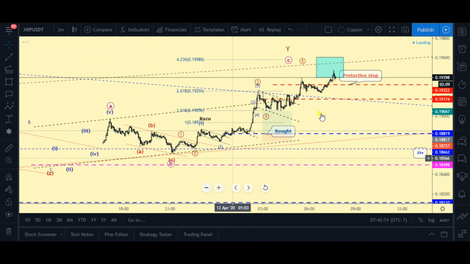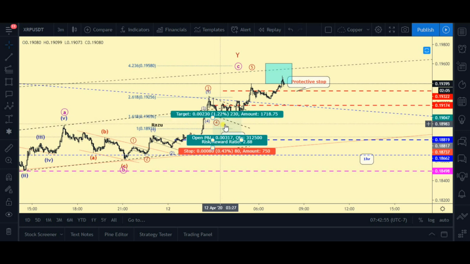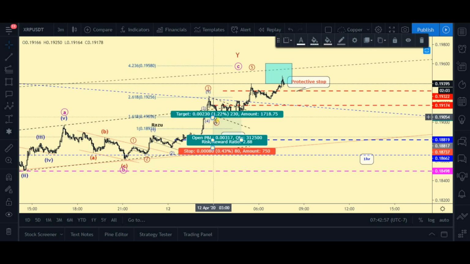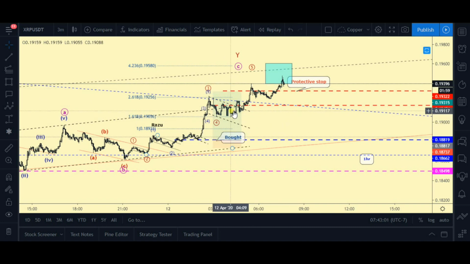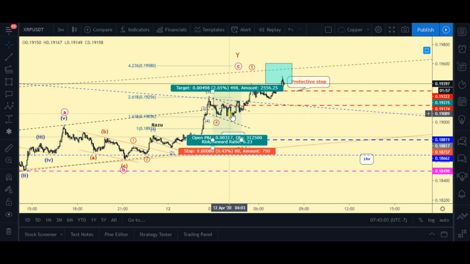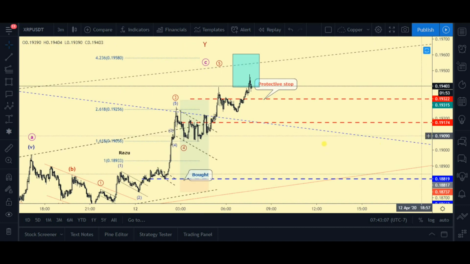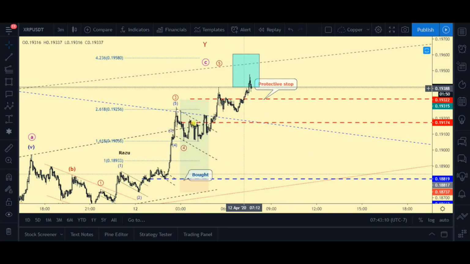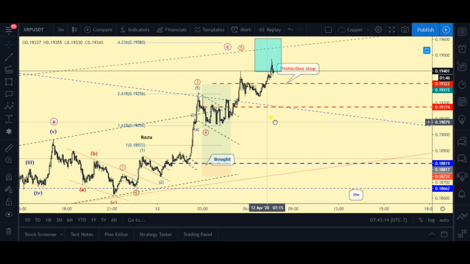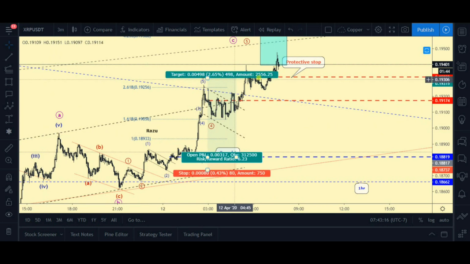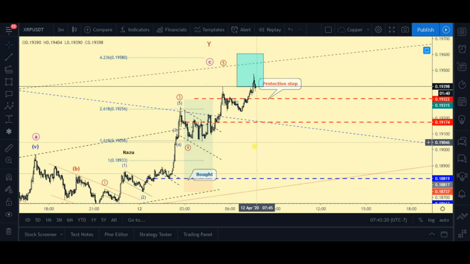So we were expecting a 1:3 risk to reward ratio here, but actually now we have a 1:6.23 risk to reward ratio, a very good one. So usually trading these kinds of impulsive waves, waves 3 and wave C and waves A, can be a very profitable trade.